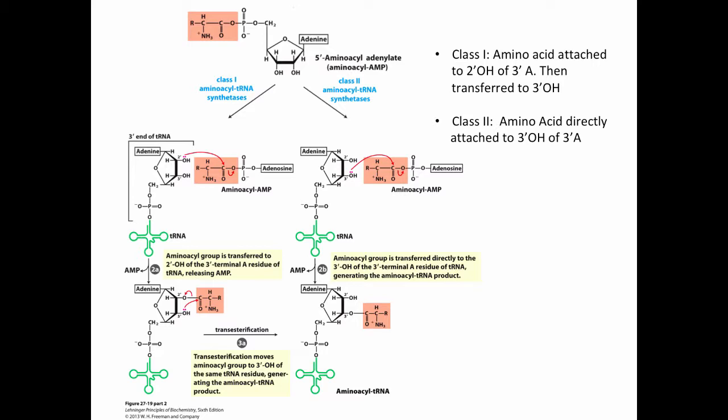So here, this makes more sense because it makes more sense to directly attach it to the 3' hydroxyl group versus doing it to the 2' hydroxyl group first and then transferring it over to the 3' hydroxyl group, but I don't know.